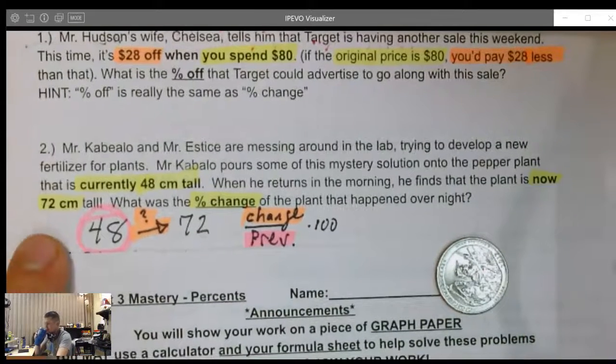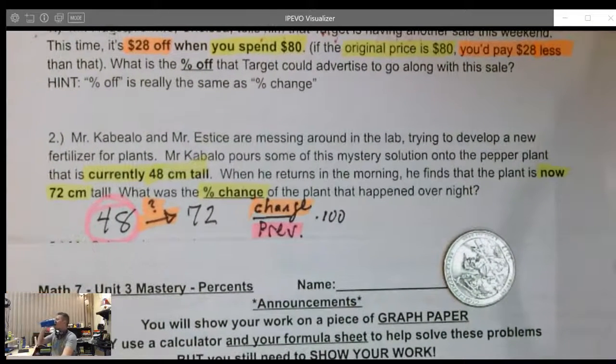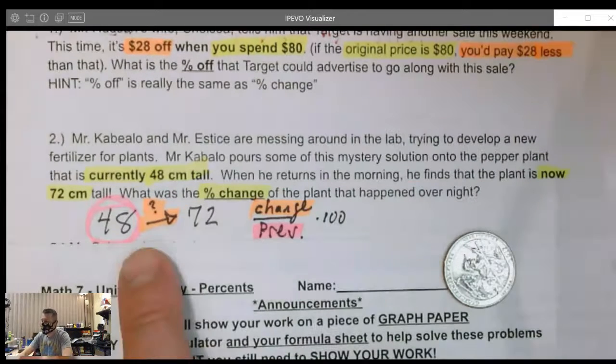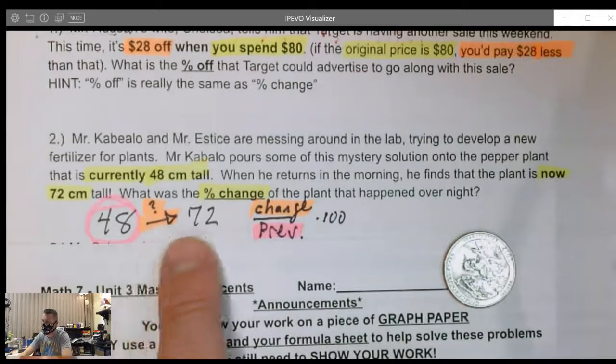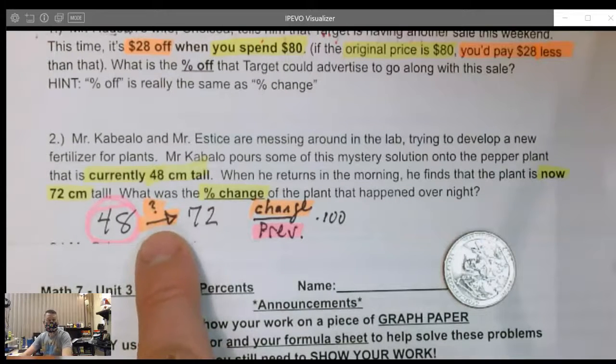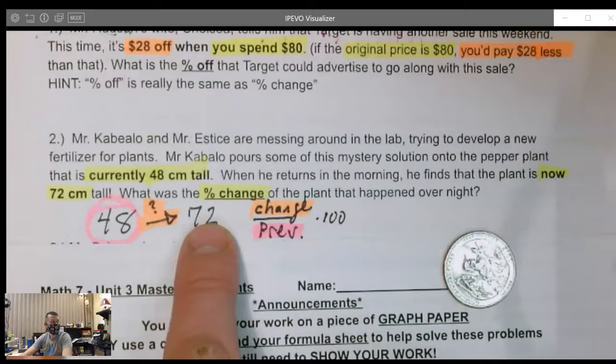The new height is 72. Where people are getting confused, we have to find what the change amount was. So we have to determine what was added on here, right? How do we go from 48 to 72?